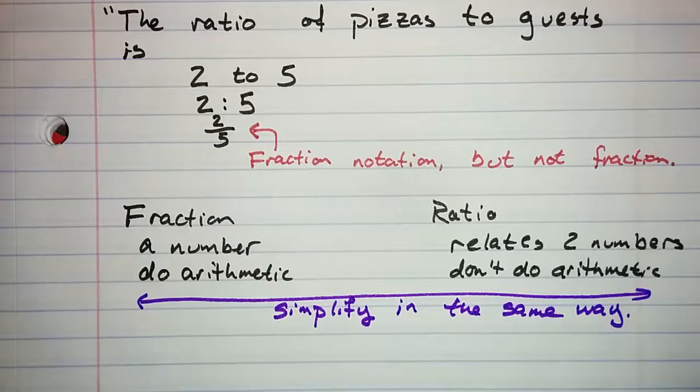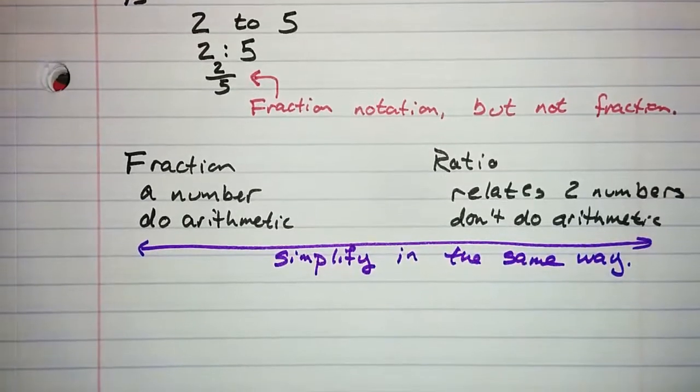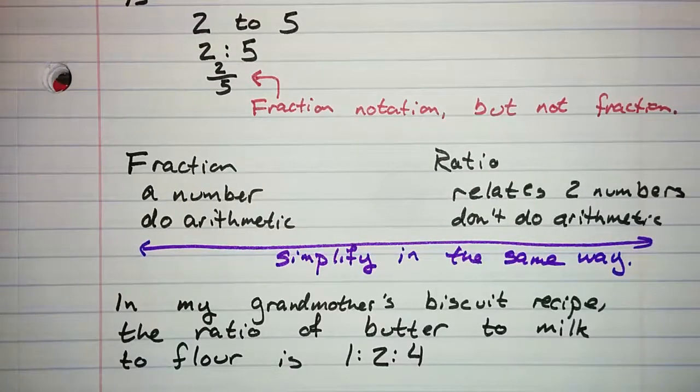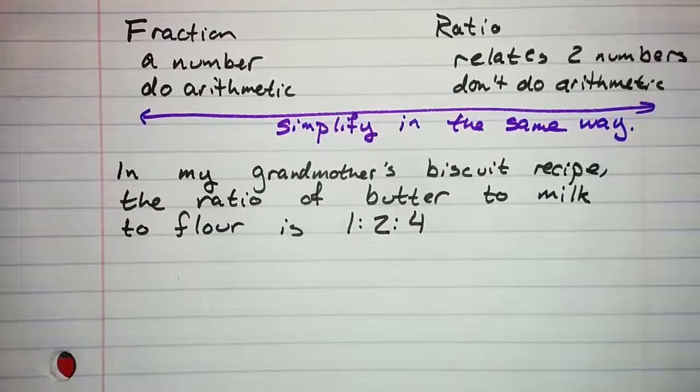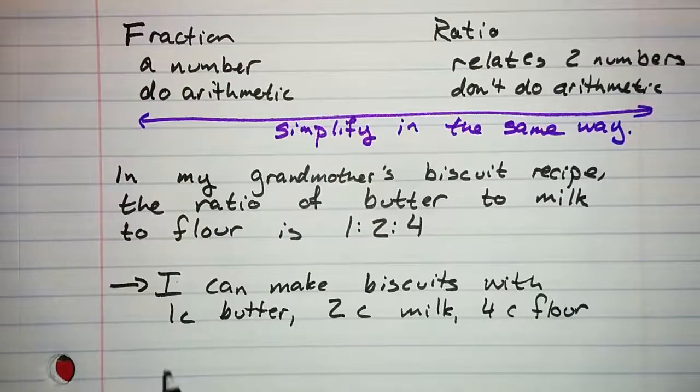We can also write ratios relating 3 or 4 or 5 quantities. For example, I could say, in my grandmother's biscuit recipe, the ratio of butter to milk to flour is 1 to 2 to 4. What do I mean by that? That means I could make biscuits with 1 cup of butter, 2 cups of milk, and 4 cups of flour.